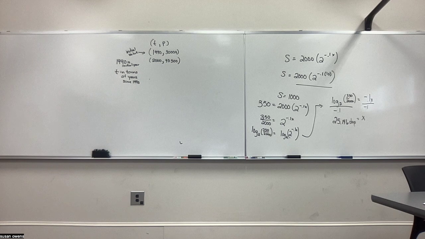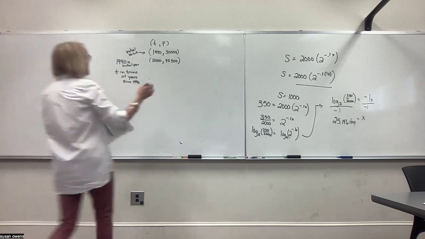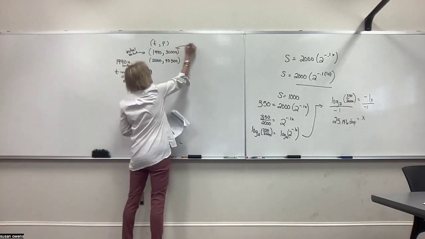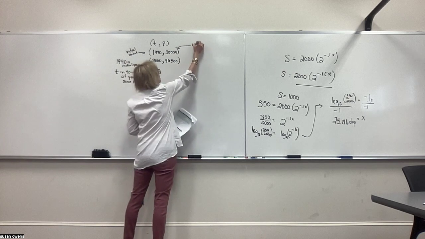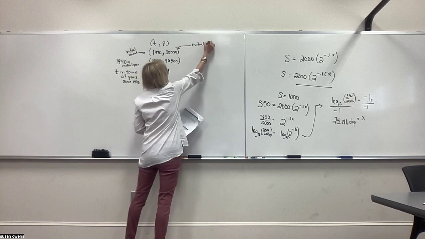That means all of the time is based on that. So if I get time T equals 8, what year does that represent? 1998. Okay, it's years since 1990. All right. So that means that 30,000 is going to be my initial population.